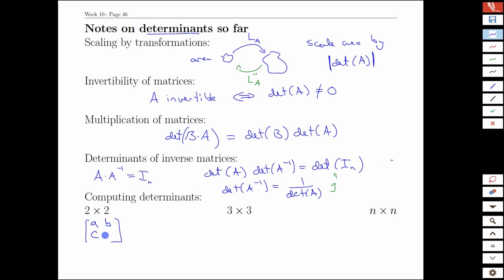If we have the ABCD 2x2 case for matrices, we simply do the cross multiplying where the determinant of that matrix is A times D minus B times C. Make my D a little more pronounced there. 3x3 is a little more complicated. We won't show that explicitly here, but it's copy the two columns, bring them over, and then multiply through, and then multiply through on the other diagonals.